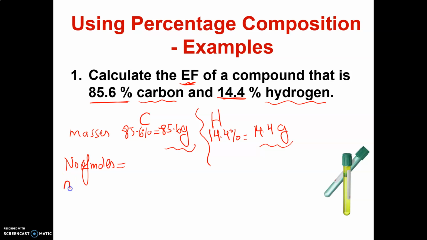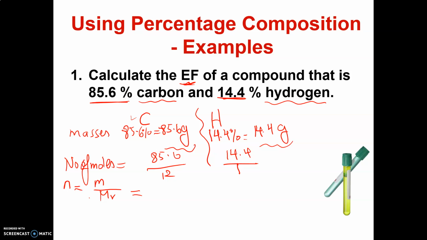As we've learned, n equals m, which is mass, over Mr, which is the molar mass of each of these elements. So the mass of carbon is 85.6, and the molar mass from the periodic table of carbon is 12. Same way, 14.4 is the mass of hydrogen used in that compound, and the molar mass of hydrogen equals 1.